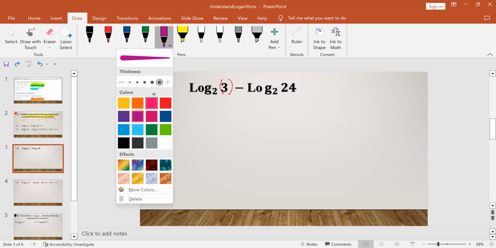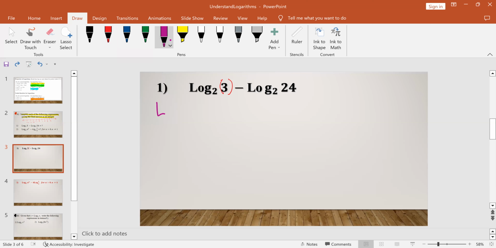So we rewrite the expression as logarithm of 3 with base 2 minus logarithm. The 24, we're going to break down as 3 multiplied by 8, with the same base 2.